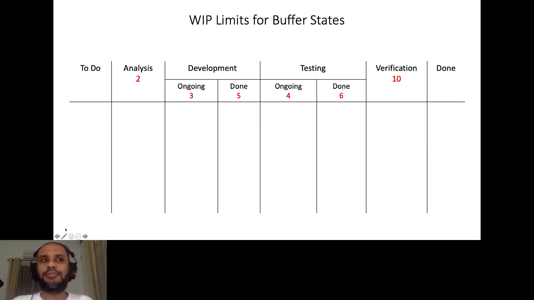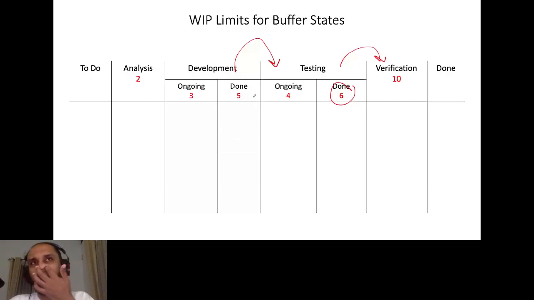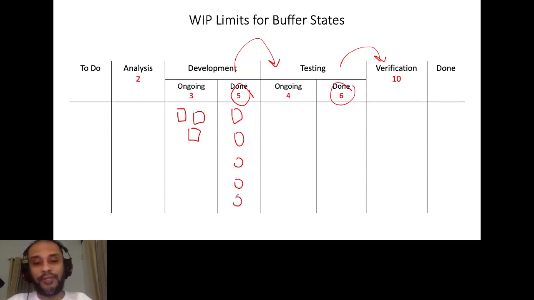Wherever this handoff is happening, always go higher. Just think about this. When we are doing work, we have 3 ongoing. That means we can have a maximum of 3 in the ongoing state. We can have a maximum of 5 in the done column. Now, what will happen if we have a maximum of 2 over here?